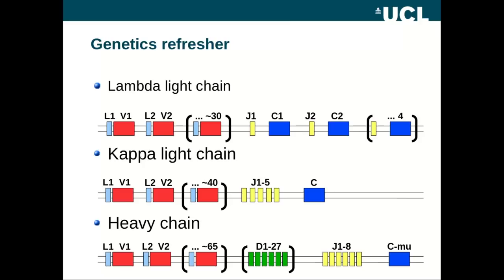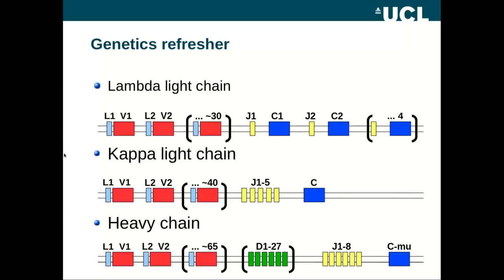Just to refresh the genetics very briefly, you'll recall that the structure is formed of light chain and heavy chain that come together, and we get two pairs of light and heavy chains, so that we end up with a Y-shaped molecule consisting of two heavy chains and two light chains. The light chains can either be of the lambda class or the kappa class, and their variability is formed by splicing together gene fragments.